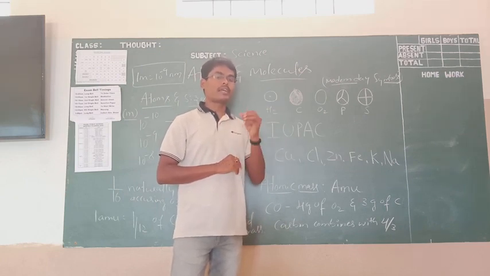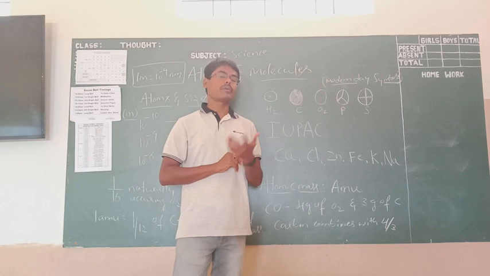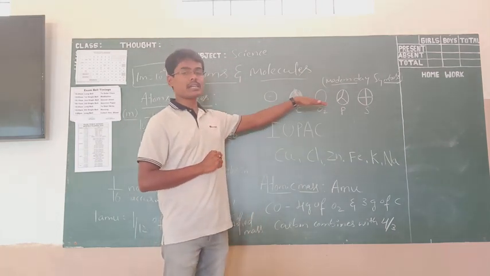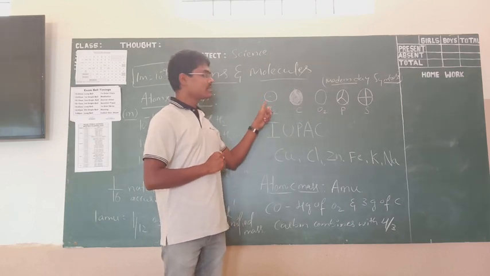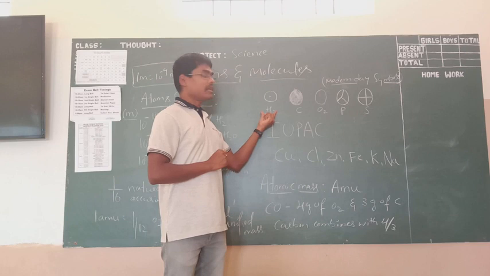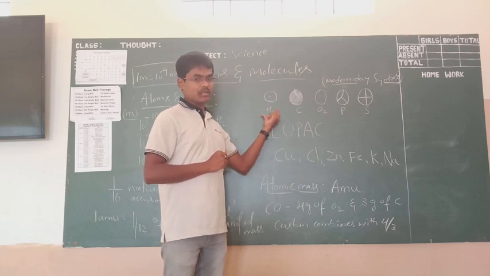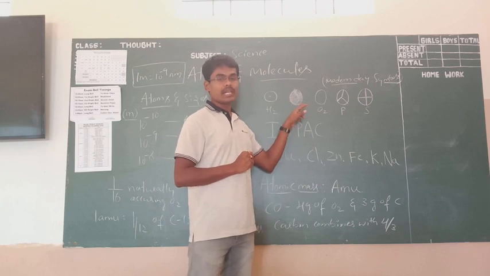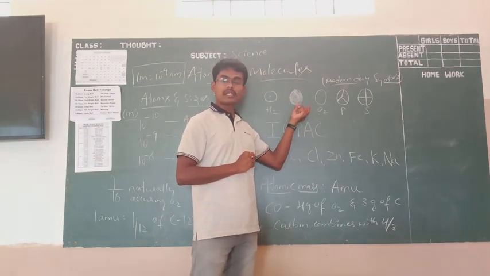The next one: what about the symbols for a given matter, for a given element? How are we going to represent, denote, or indicate it? I have written some examples. Look here, this circle with a center point indicates a hydrogen atom. Then this circle with a shaded part indicates carbon.